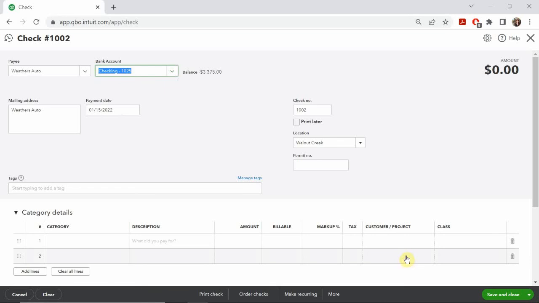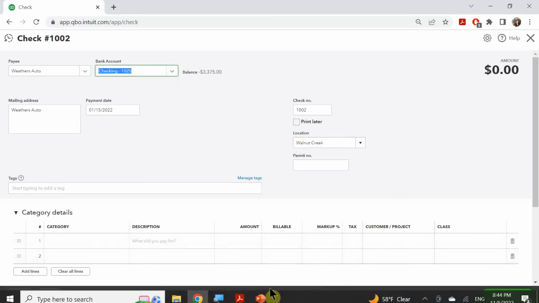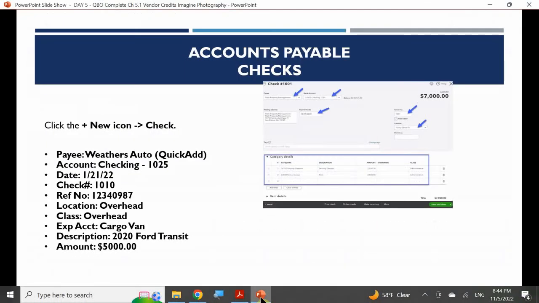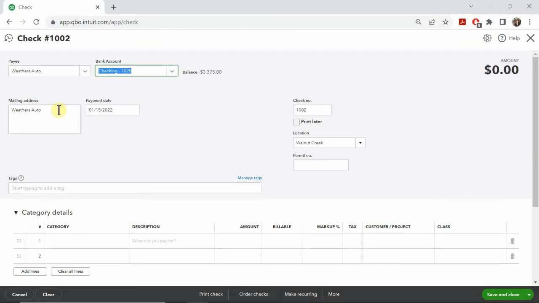So checking 1025. We are purchasing the cargo van on January 21st. Check number 1010.